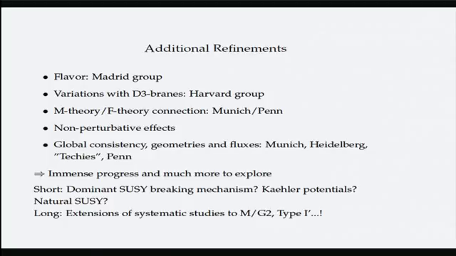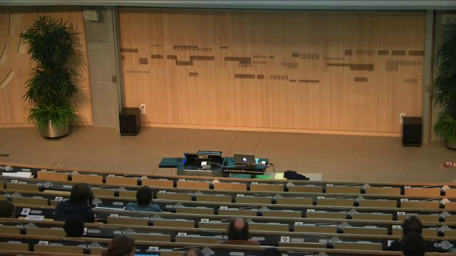I think at the moment the Madrid group, Fernando, Marchesano and collaborators, Ibanez, have really tried to now make solid statements there, and that's very tough progress, but really interesting results there. There are lots of variations on this theme of F-theory compactifications, like you would add D3 branes. You can try to look at non-perturbative effects like instantons, D3 instantons, like for example, for the SUSY breaking sector, you're required to have that.